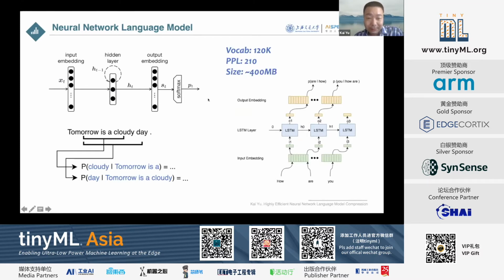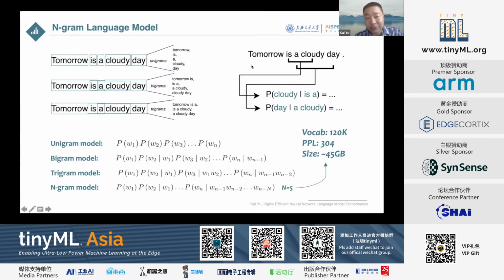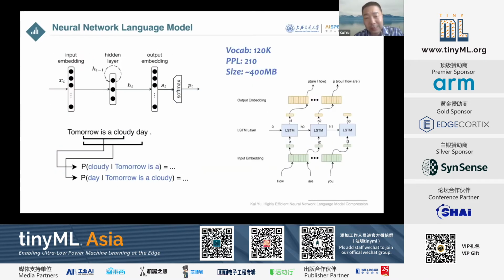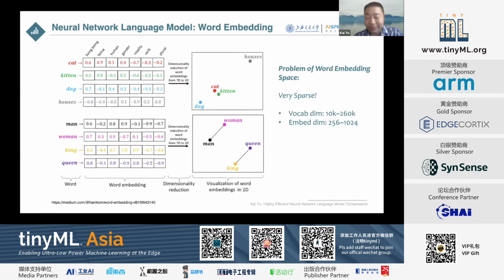With this neural network language model, the size is significantly reduced to 400 megabytes, with even improved perplexity of 210. Remember, the previous one is 300, and now we have 210. So it gets a very big reduction, and the size is also greatly reduced. However, 400 megabytes is still too big to be used in embedded devices.